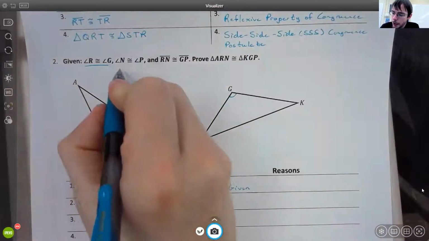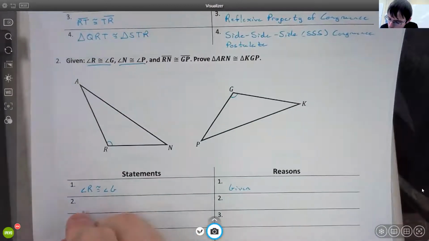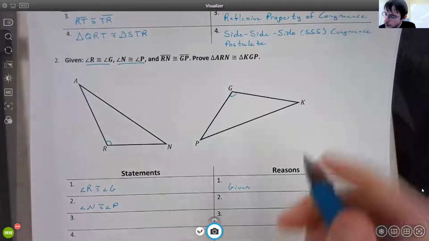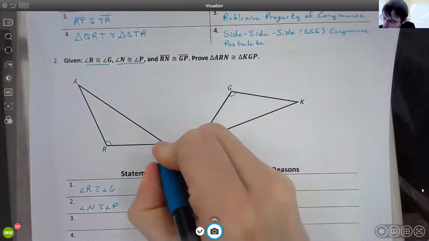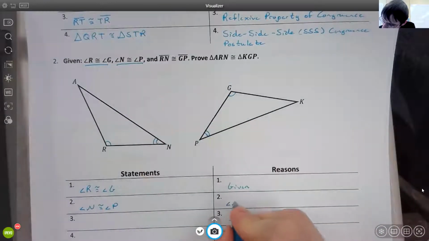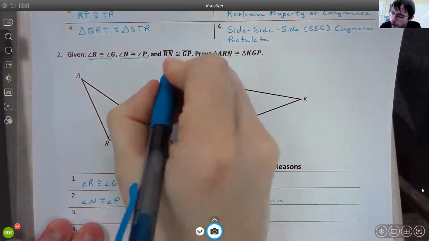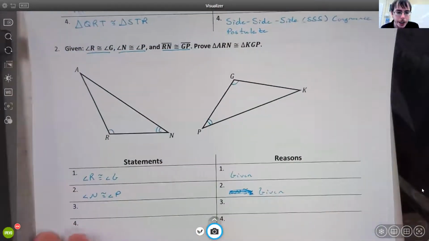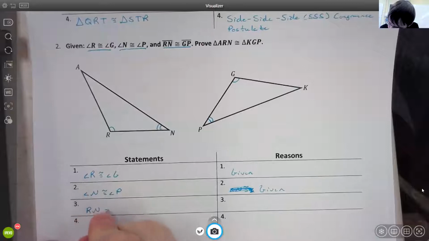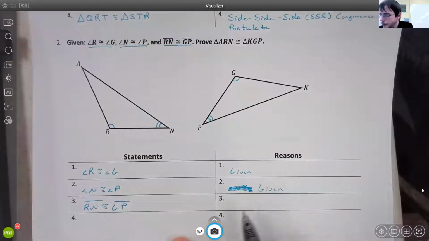Next up, we're given angle N is congruent to angle P. Mark that. As given. And then we're given RN is congruent to GP. And this is also given.